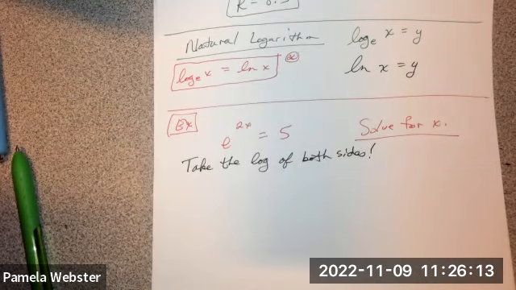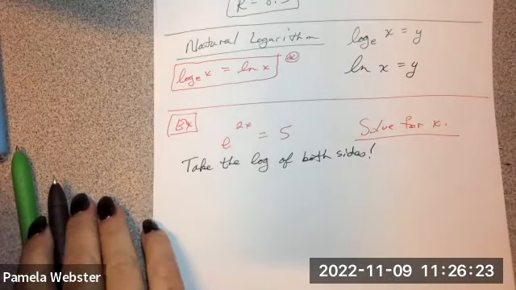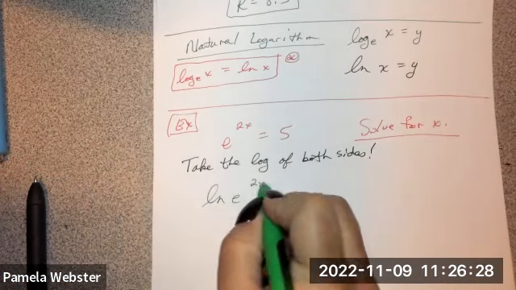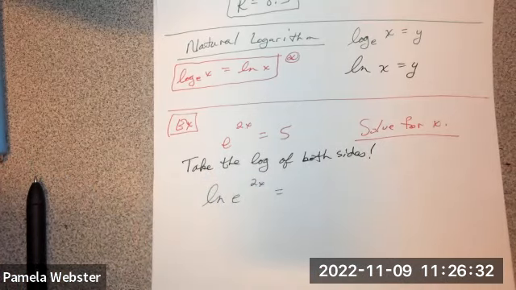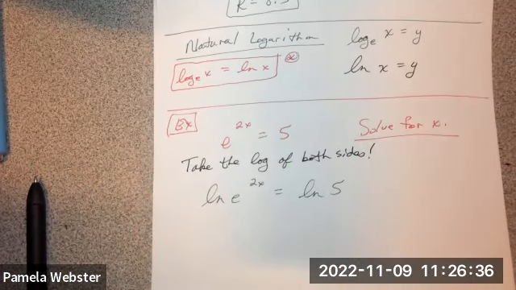It's just like if you were multiplying by 5 on both sides or something like that. You always have to keep your equation balanced, and do the same thing on both sides, okay? So this is what it's going to look like. I'm going to take the ln of e to the 2x on the left-hand side. And on the right-hand side, I'm going to take the ln of 5. Okay.